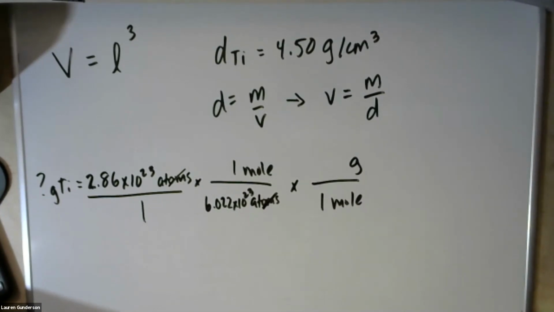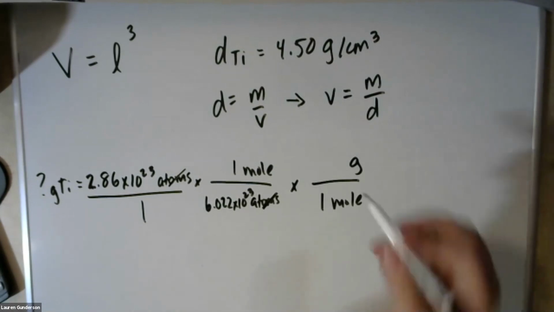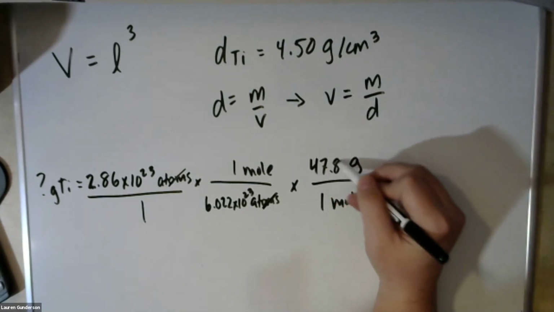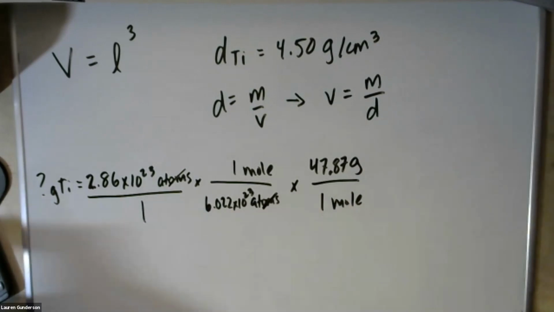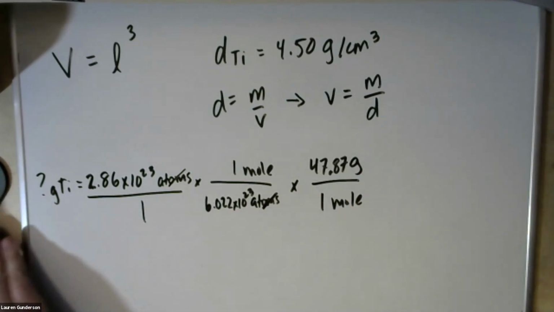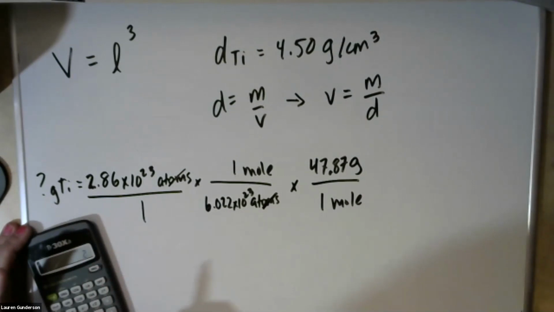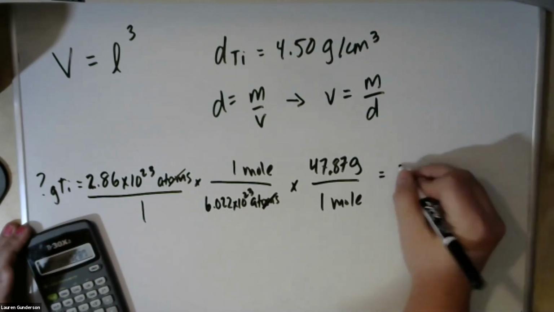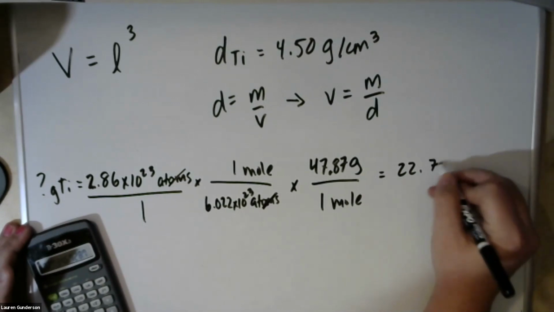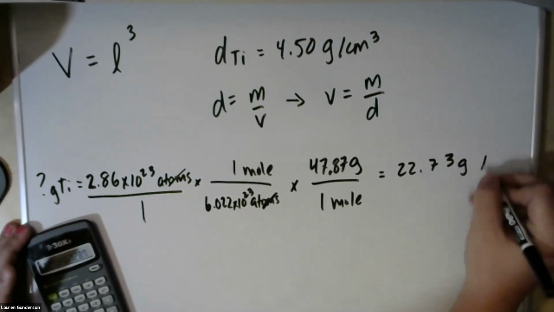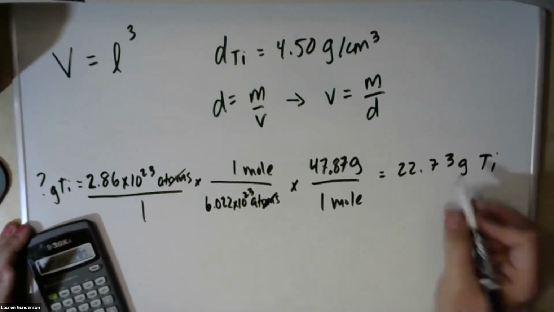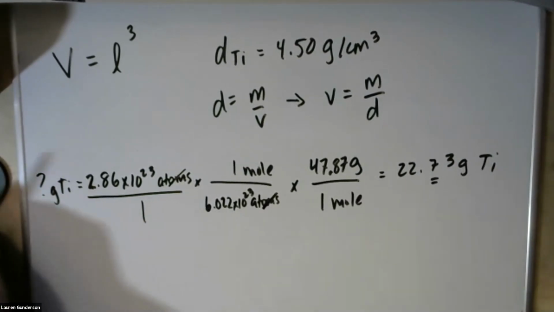The molar mass for titanium is 47.87 grams per mole. Okay, we should get 22.73 grams of titanium.